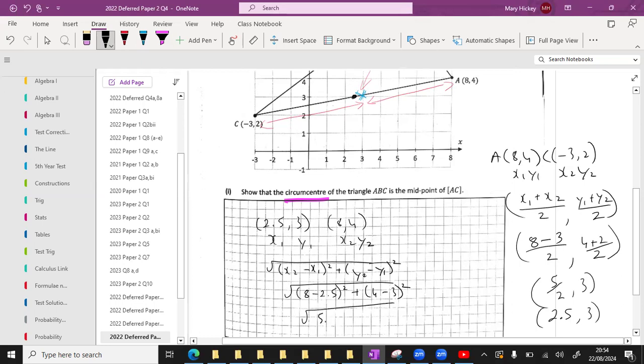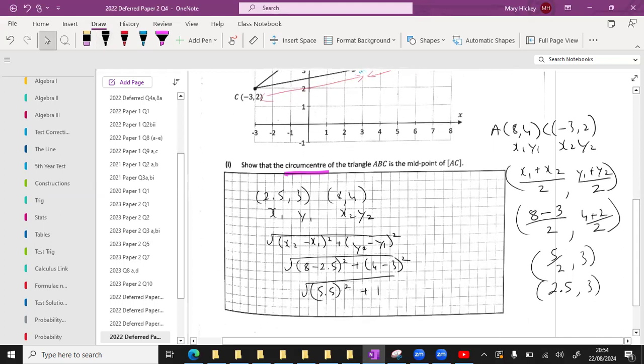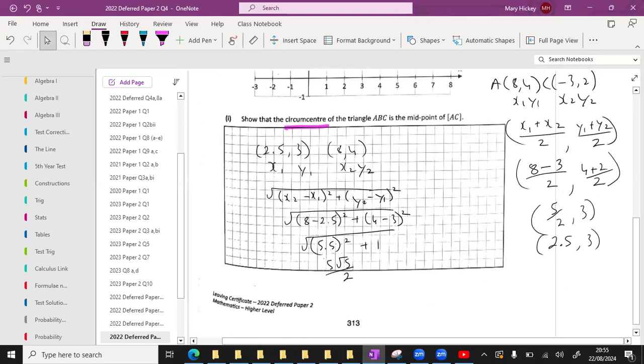So we end up with 5.5 squared plus 4 take 3 is 1, 1 squared is 1. So I'm going to pop this into my calculator: the square root of 5.5 squared plus 1. Now I am getting the distance to be, in surd form, 5 root 5 over 2. I can change it to a decimal as well, and I'm getting 5.59. Now, that is the distance from the midpoint, we'll label that M.